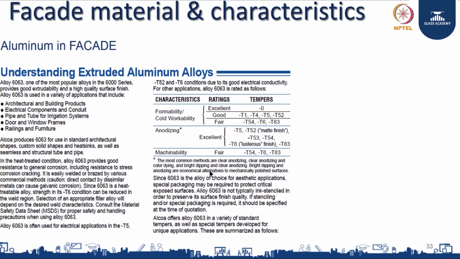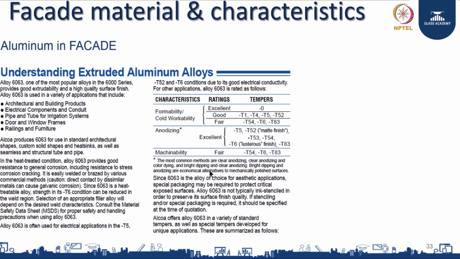It can be extruded into any shape you like, and at the same time it is excellent for heat. When I say heat, of course you can't expose it, it transmits heat, but it expands well and contracts well if you design it properly.